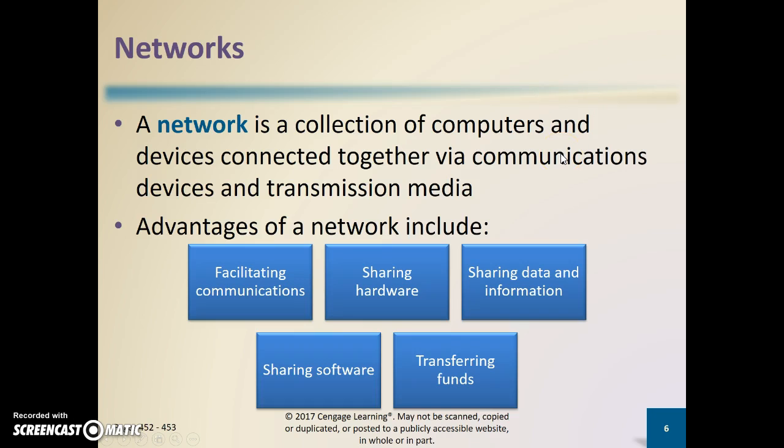You can share data and information, so you access the information that might be stored on a server or the network. You can share software. You might subscribe and get a number of licenses for a particular software. And you can transfer funds. So this is a way through a network that you can exchange money.